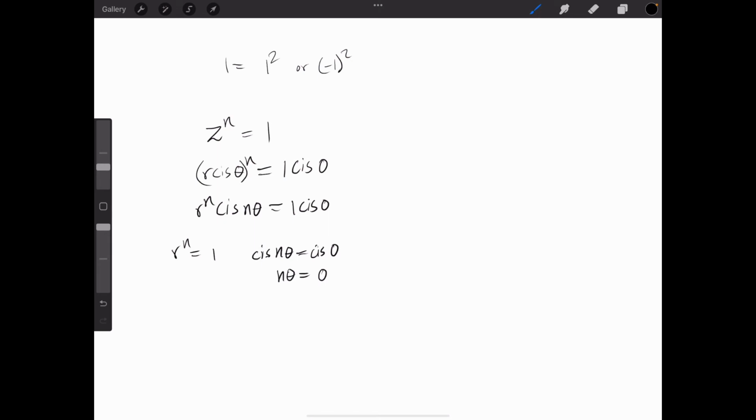By the way, technically it's not just 0, it can also be 2 pi, 4 pi, 6 pi, and on.